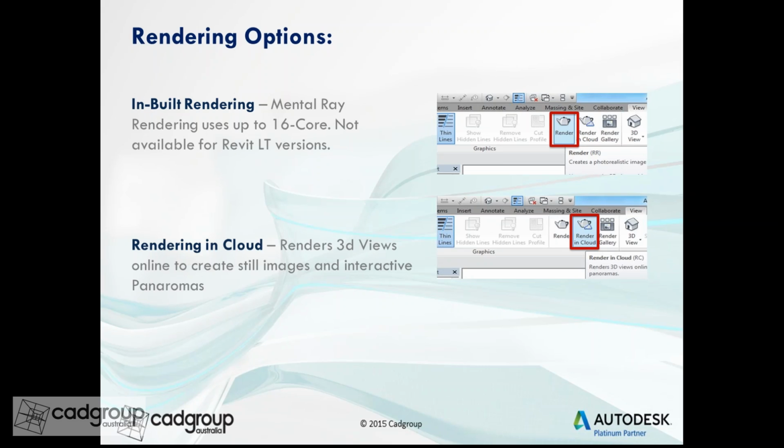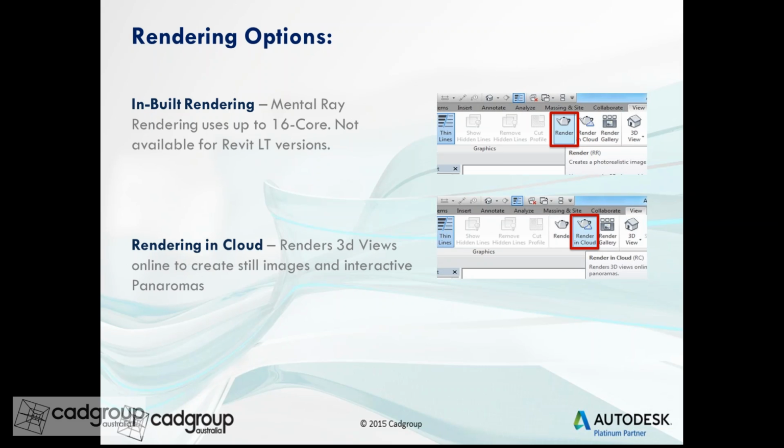Now, a very important thing to notice about this is that it is not available for Revit LT versions. If you have used Revit LT, you may not be able to render inside the software, but you have to use a different rendering technology, rendering in the cloud.